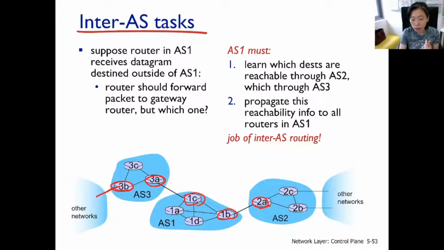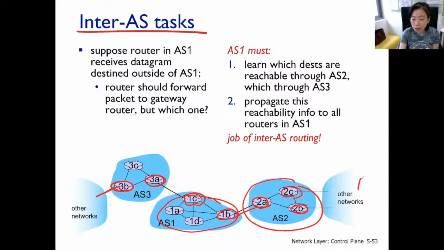Similarly, 2A, 2B, 2C all have links to the outside, to other ASs. So they are also gateway routers. These gateway routers at the higher level will be running the inter-AS routing, which is another routing protocol, and they will all be running the same routing protocol. They will exchange information with each other using link state or distance vector routing to come up with the shortest path. But this time, what is the shortest path? If I want to go from AS1 to AS2, the shortest path is to go directly from AS1 to AS2.